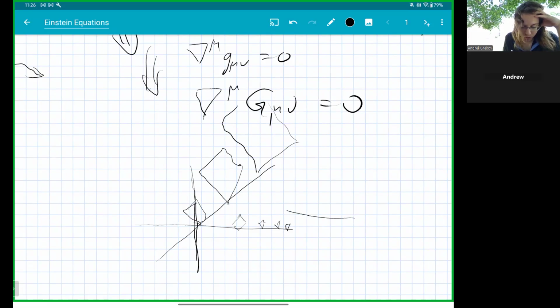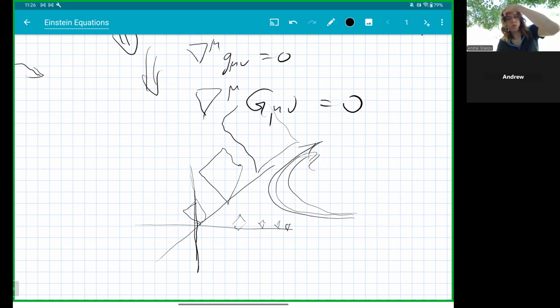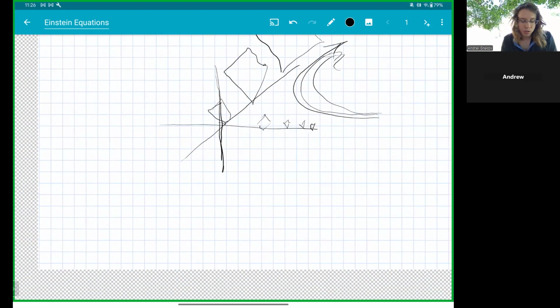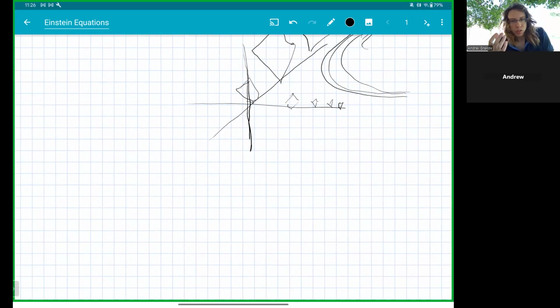So it actually behaves like a flow, right? It flows from here to here in this picture. It doesn't have a source anymore. And that's why we could equate it to the energy, because the energy behaves in the same way.